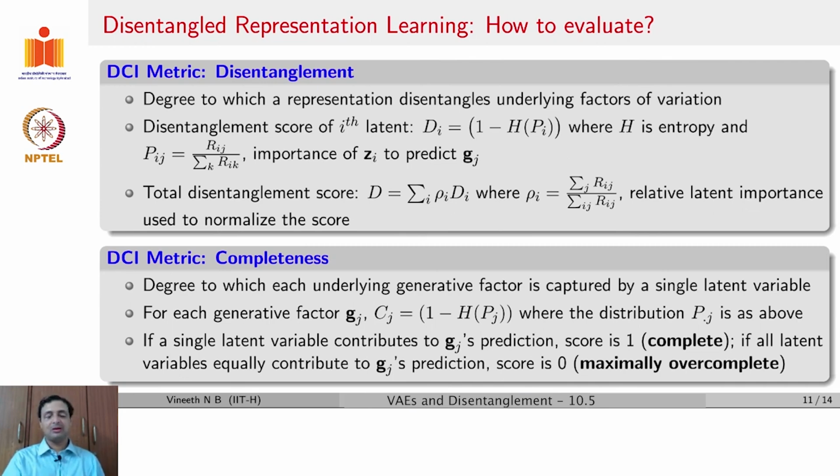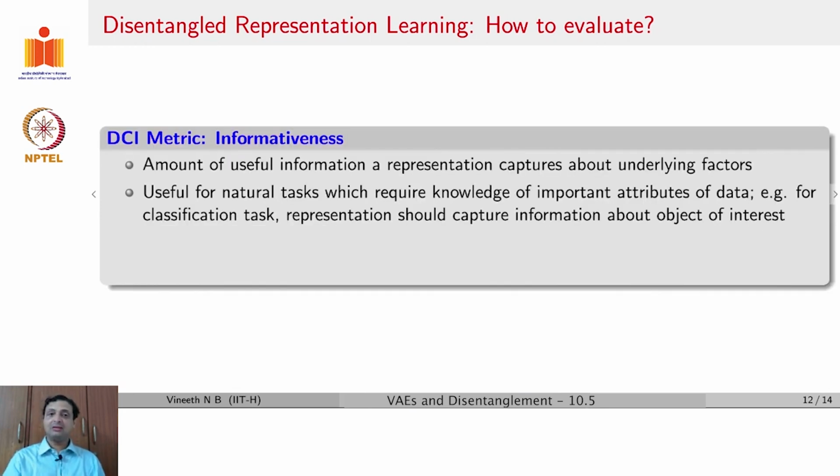The third metric is informativeness. How informative are the disentangled latent representations? This measures how useful a representation is in capturing the underlying factors. This is considered with respect to specific tasks.